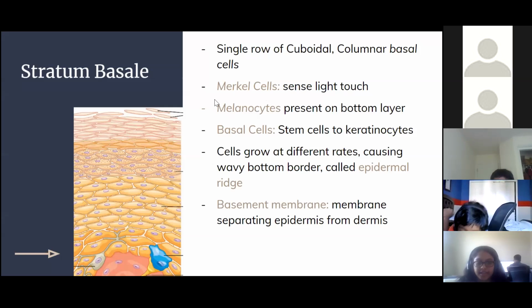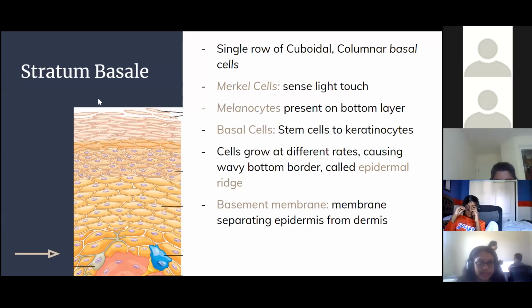So the stuff that you need in your notes more than anything else is just what Merkel cells, melanocytes, and basal cells are. We are doing a Kahoot, and I want to finish this presentation in time, so that's why I'm being rushed. I'm going to just move on. If you still need help, you can look at the recording.